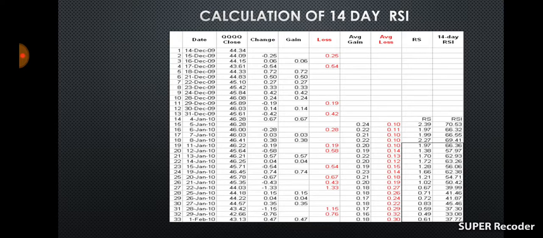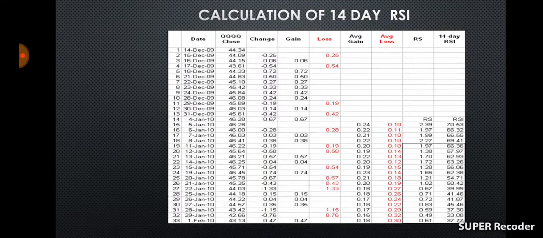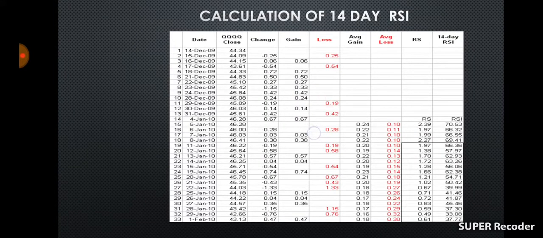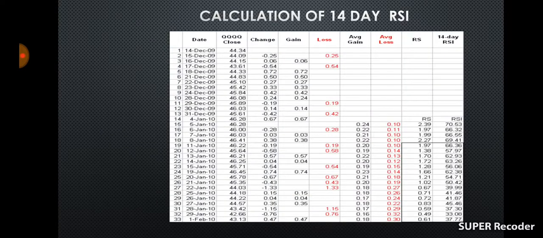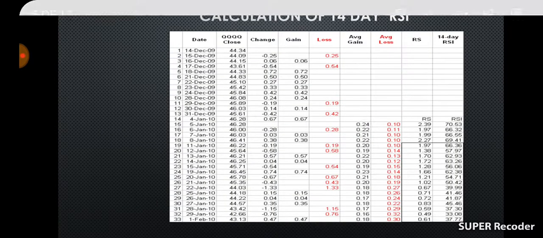Likewise, we have calculated all the gains and all the losses, and from this we need to calculate the average gain. For calculating the average gain, we need to calculate the 14-day average, so we take the 14 days' gain divided by 14, and we get 0.24 as the 14-day average gain.